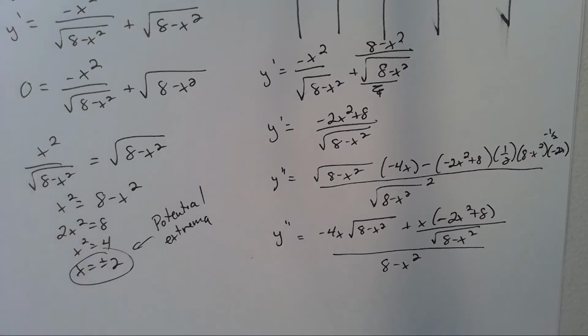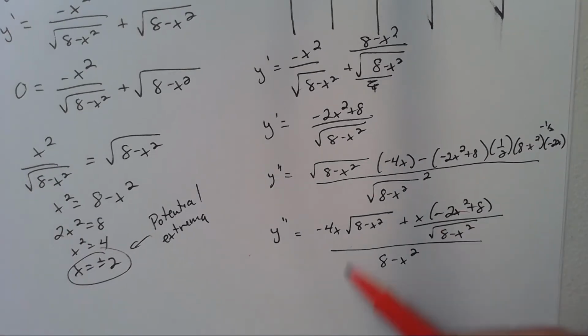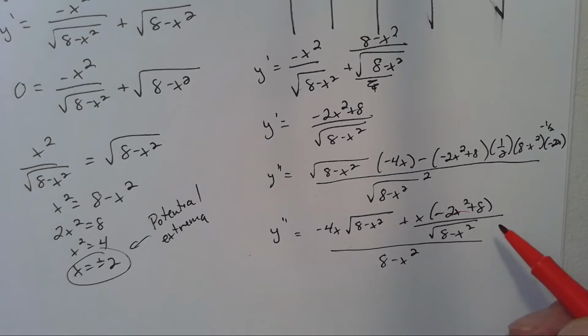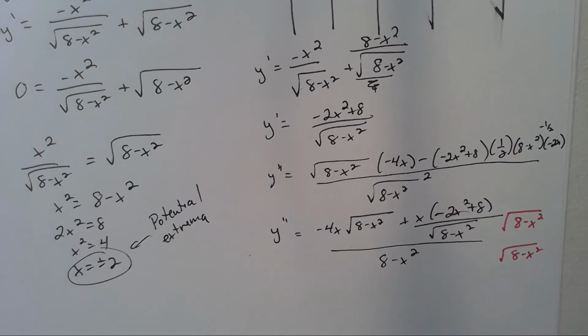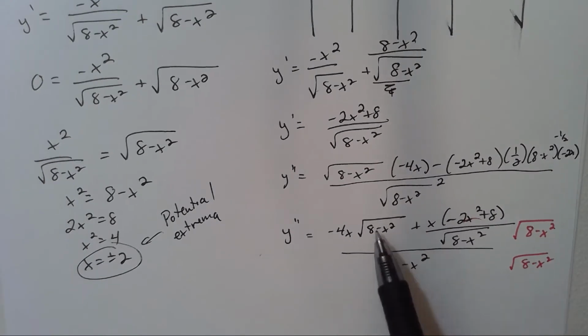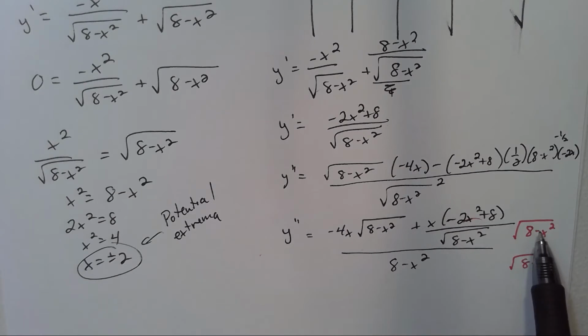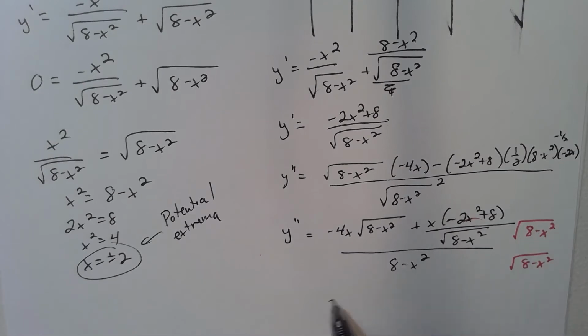Alright, so I have a fraction inside of a larger fraction, so I'm going to multiply the top and bottom by square root of 8 minus x squared. So if I distribute that, this one times that one is just going to be 8 minus x squared, so negative 4x times 8 minus x squared.